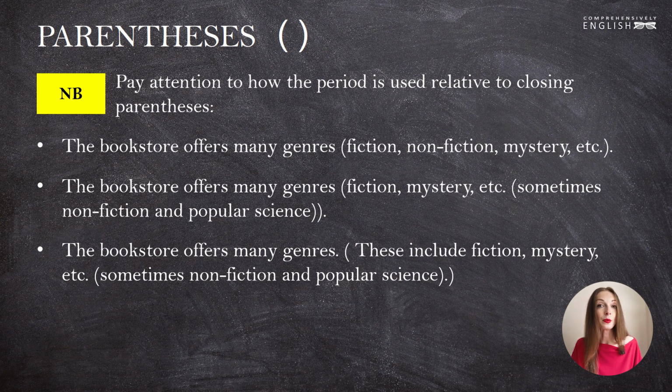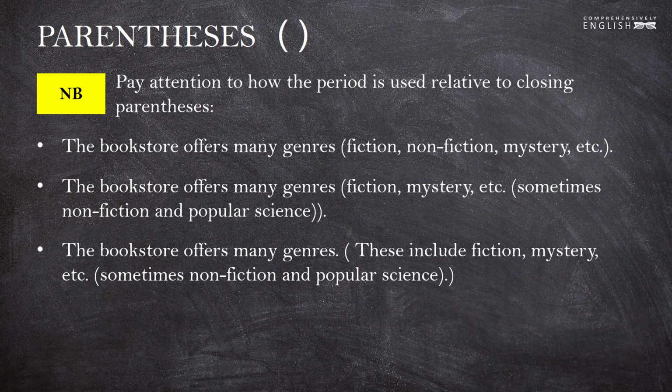And it happens to be within this parenthesis that enclose the sentence. So if you want to insert an additional sentence in parentheses into your text, the period should remain within this parenthesis.